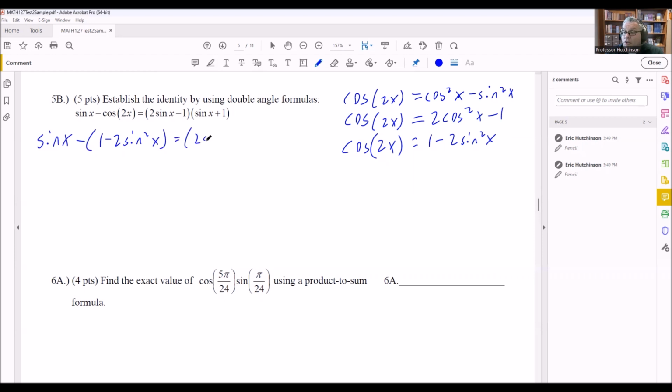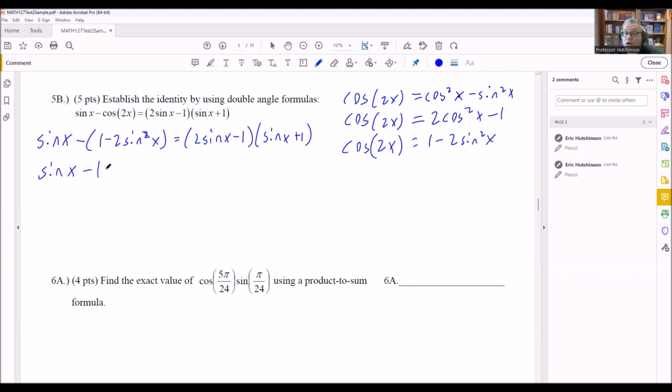I'm still going to leave the right-hand side the same. I'm not going to do anything with this just yet. Just going to leave that alone as is. So all I did was take out the cosine 2x and replace it with 1 minus 2 sine squared. The minus sign is now going to be distributed into each thing.